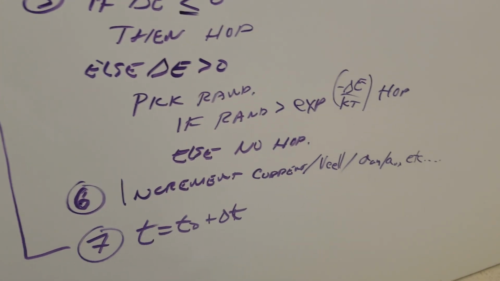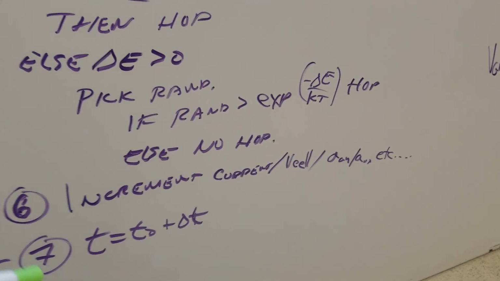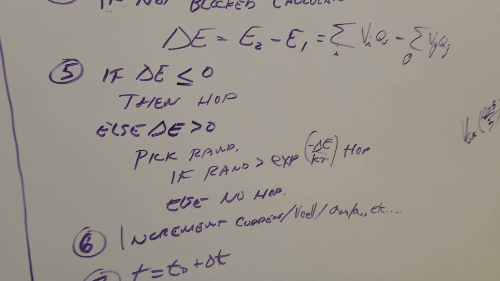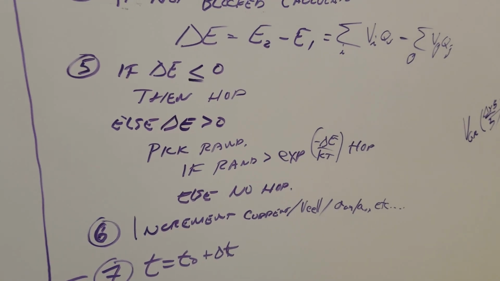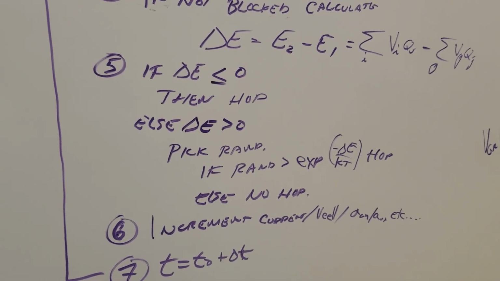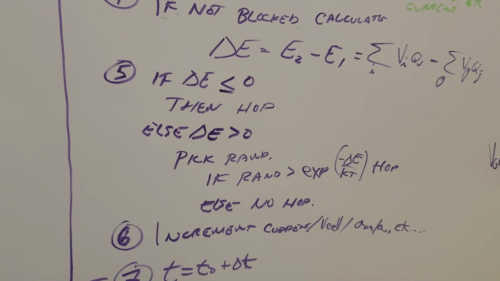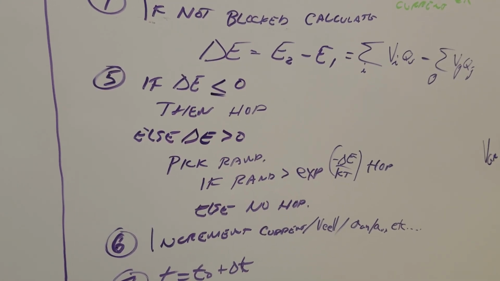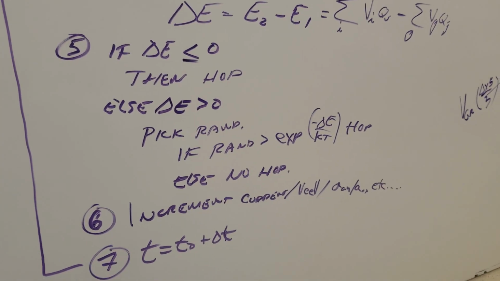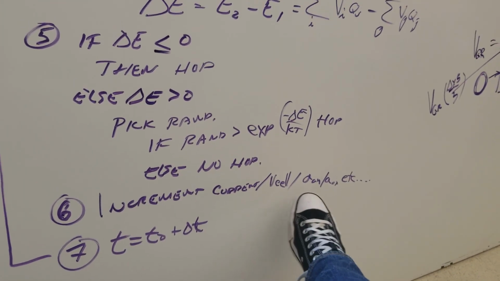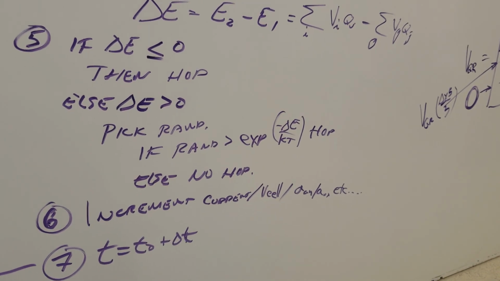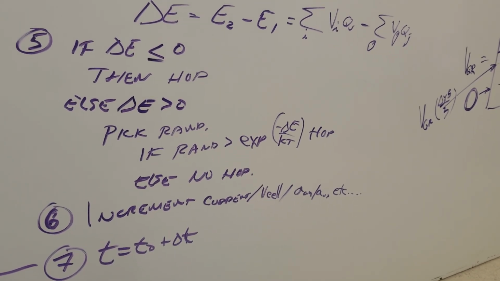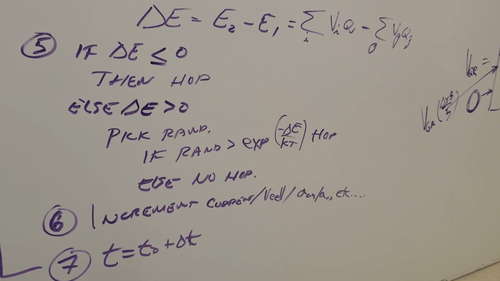And at the end of that, then we have to increment the system. We have to increment the current, saying some amount of charge has passed from the cathode to the anode, or is it the anode to the cathode? Well, we have to figure out the direction on that. And then we also have to increment V cell and then the activities of the anode and cathode based on the concentrations.